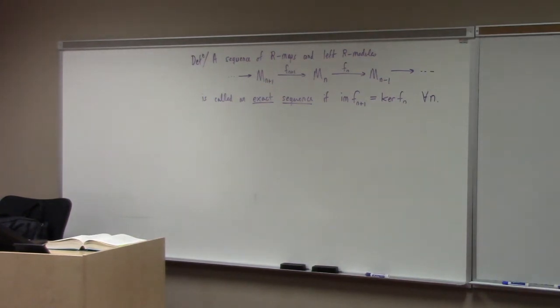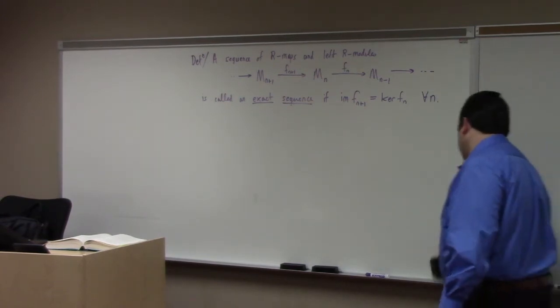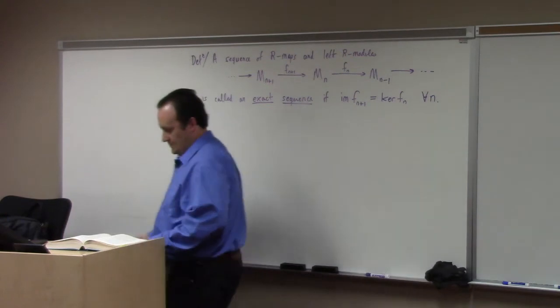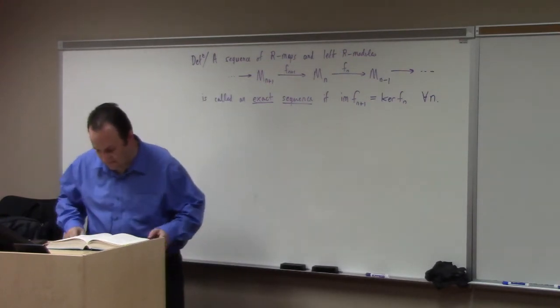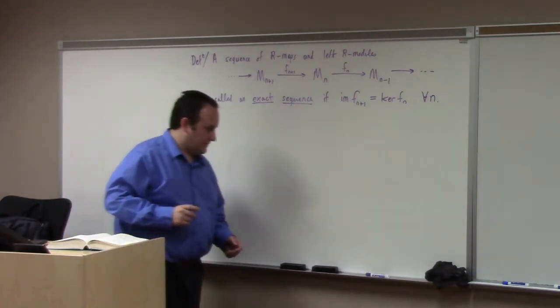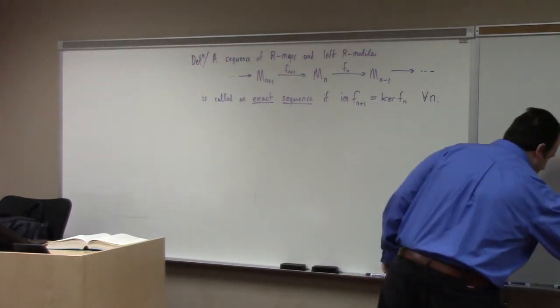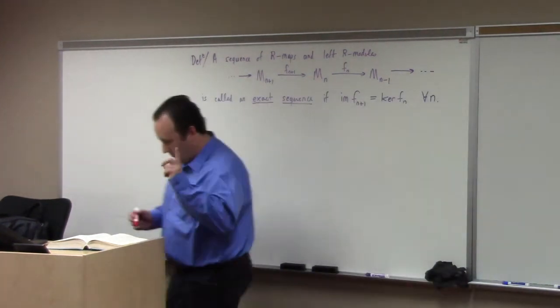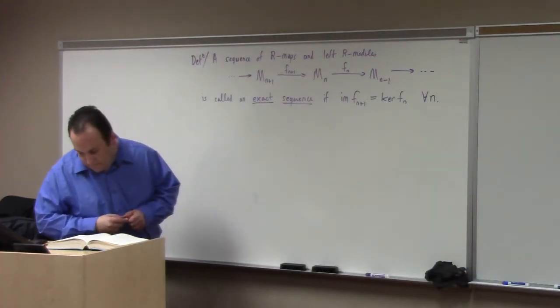So is this just saying the composition of any two adjacent functions is zero? Well, or is it saying a little bit more than that? I think what it's saying should become clear as we go on here, but I wouldn't attempt to say that just yet. Hold that question.